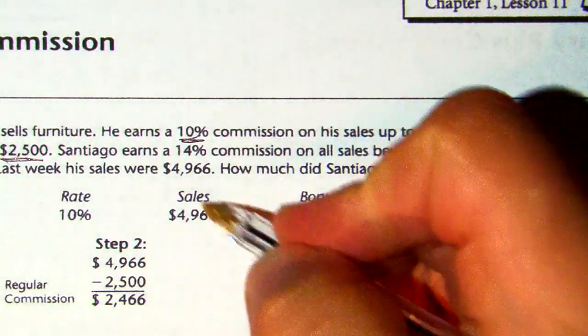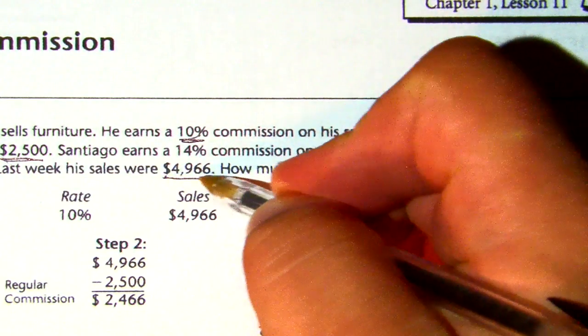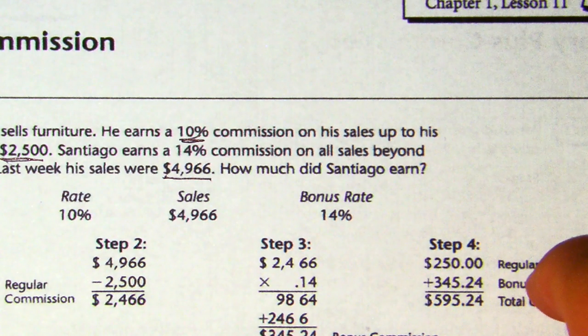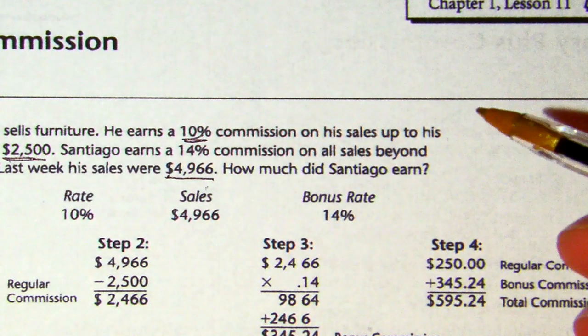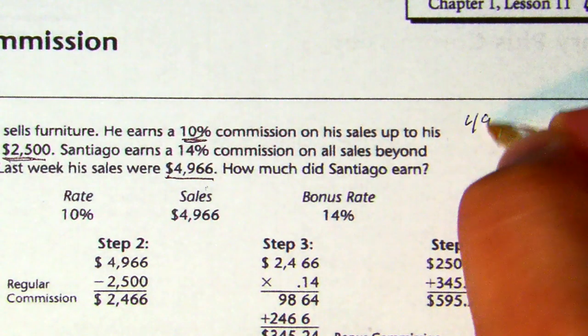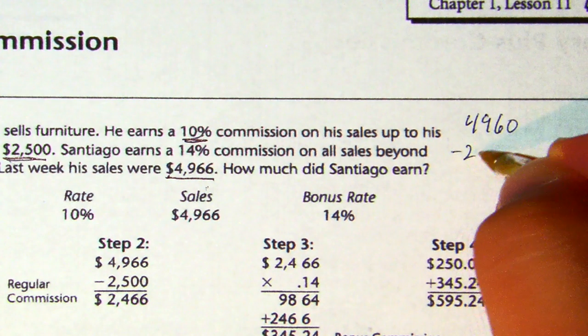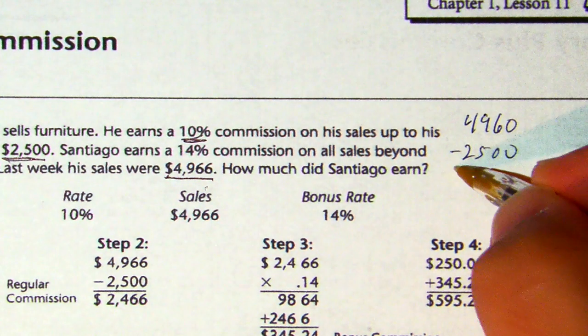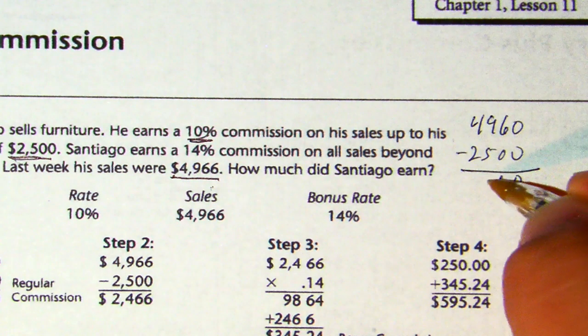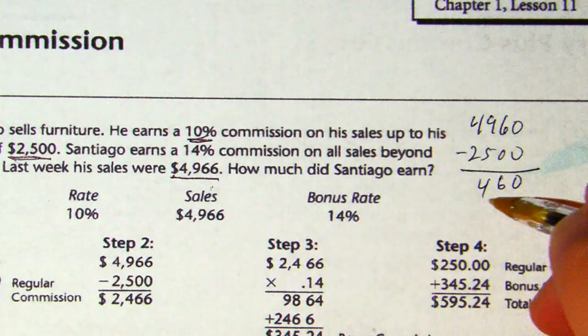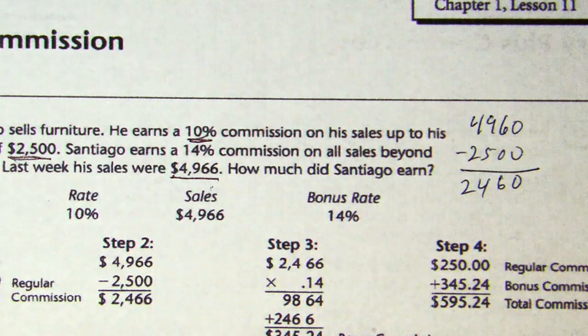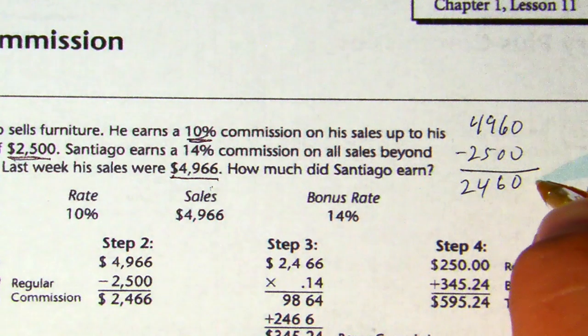Last week his sales were $4,966. Okay, so you're going to take the $4,966, subtract $2,500, and you're going to get $2,466 at 14%.